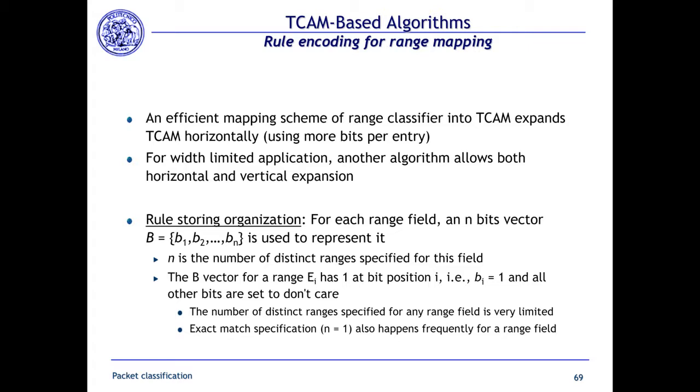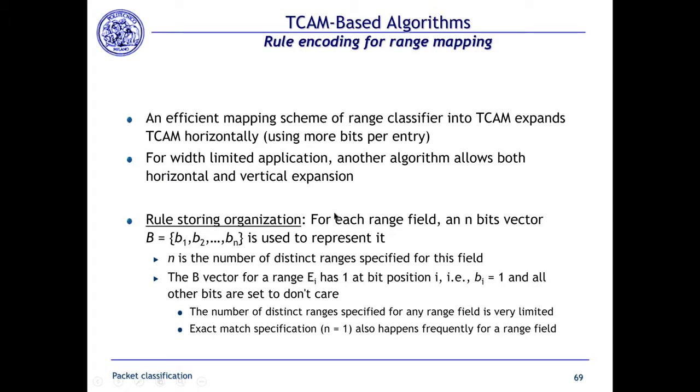So when we have the TCAM, we can adopt this efficient mapping scheme in order to avoid the expansion of the entries. We have, however, to organize the way the rules are stored.